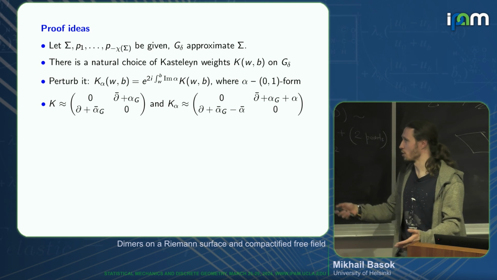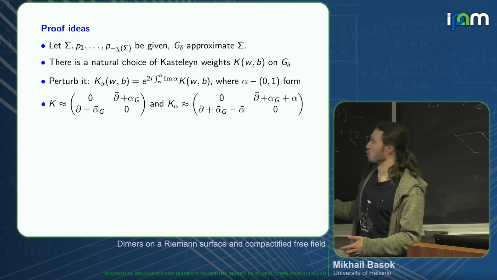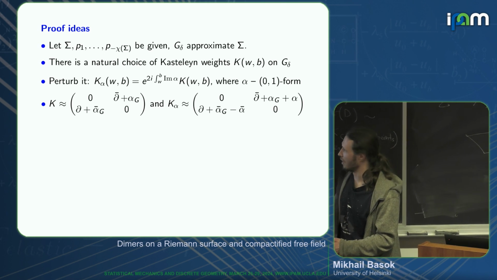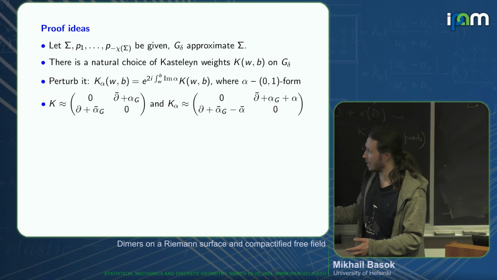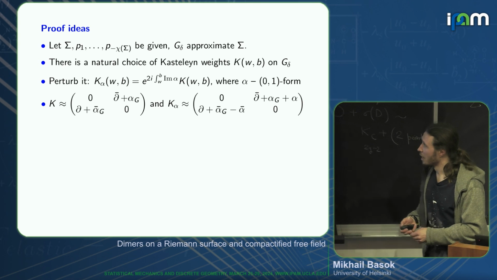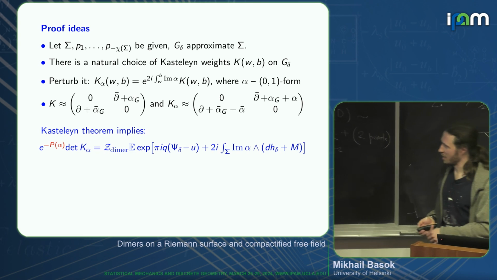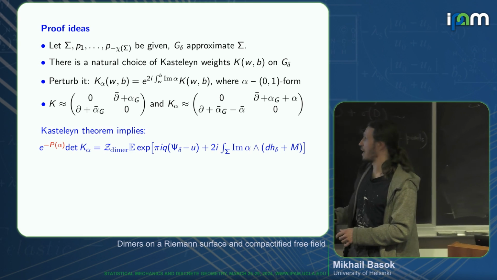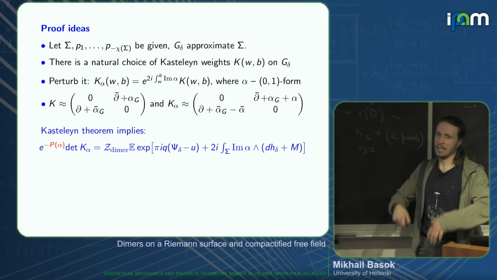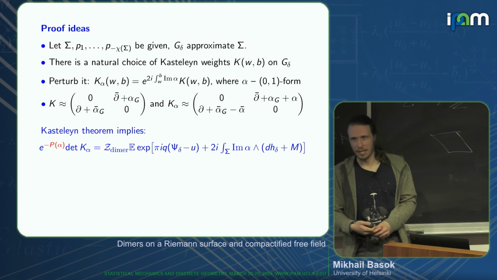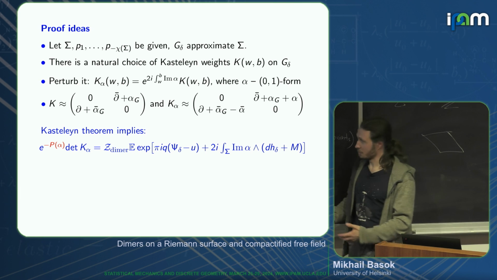It doesn't have to be close to something; it's just a smooth 0-1 form. Here the integral depends on the path, and we integrate along an edge specifically. But what I claim is that for any alpha, the determinant of this operator still has a meaning that we can actually utilize for our purposes.